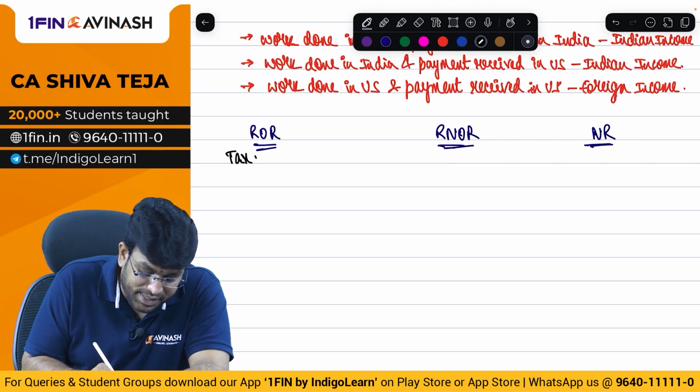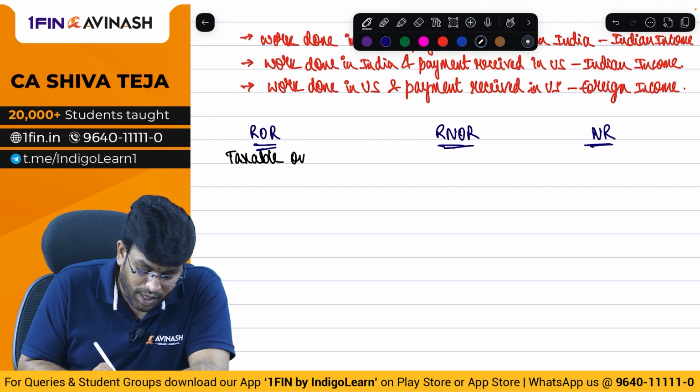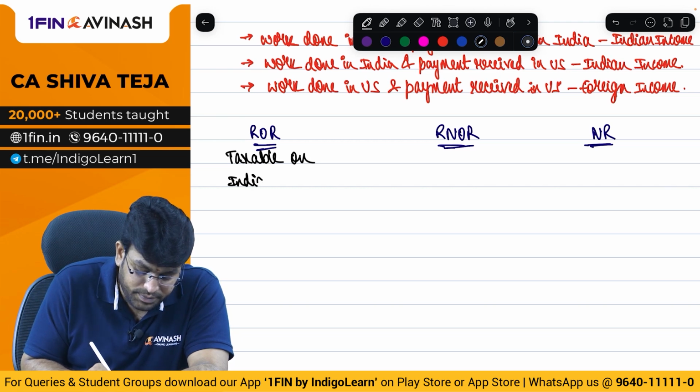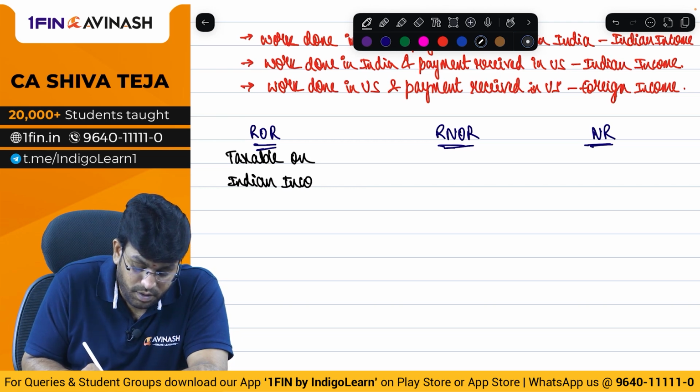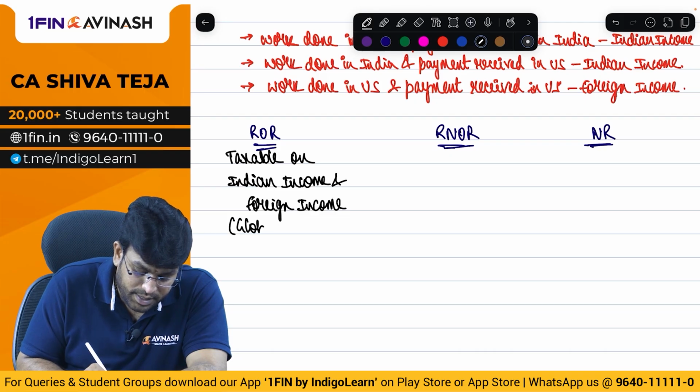ROR means resident and ordinarily resident. ROR is taxable on Indian income and foreign income. Technically, he is taxable on global income.